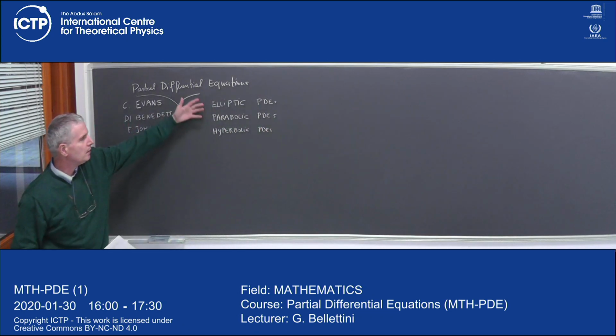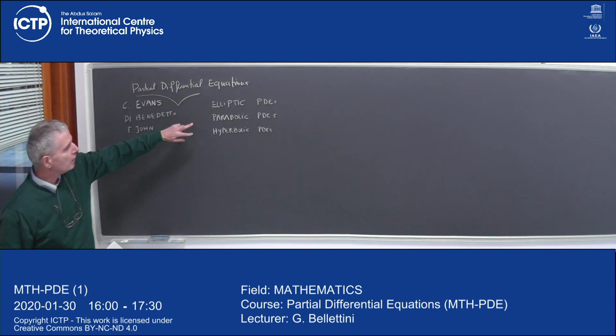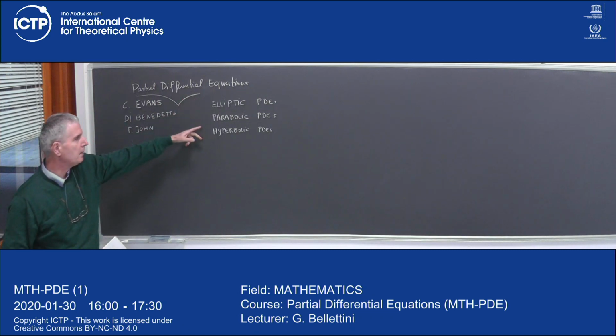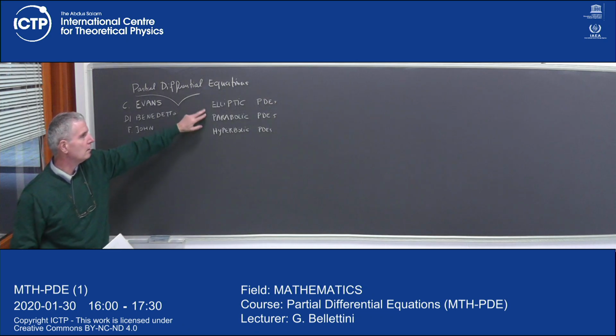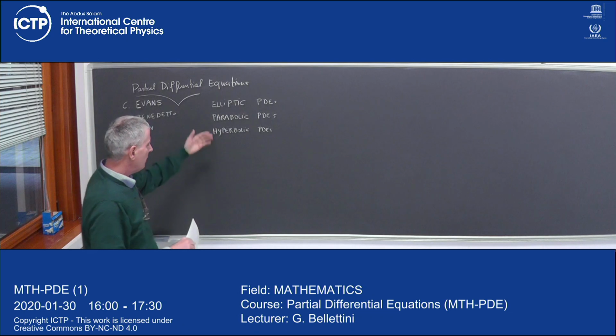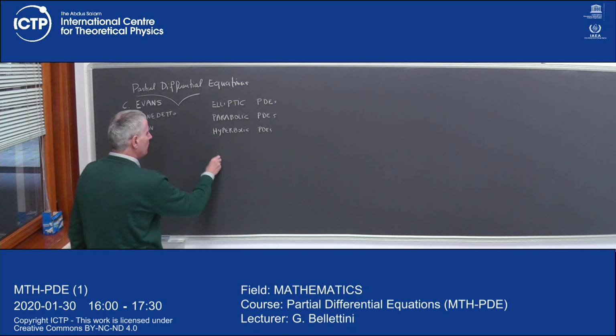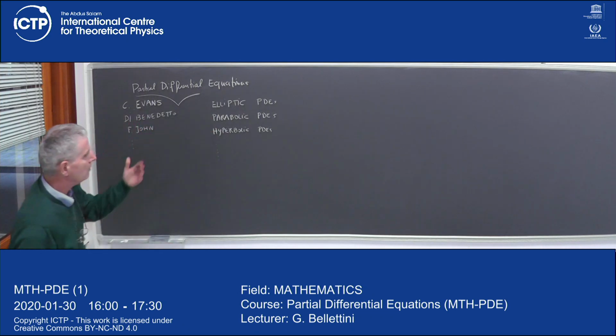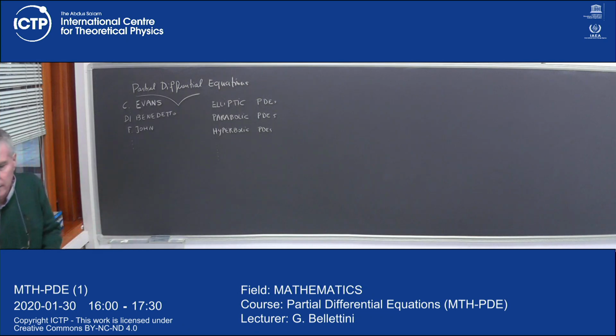There are intermediate equations or equations with change of type. In some regions they are hyperbolic, in other regions they are elliptic. So there are a lot of different types of PDEs, and each type maybe requires a particular special theory.